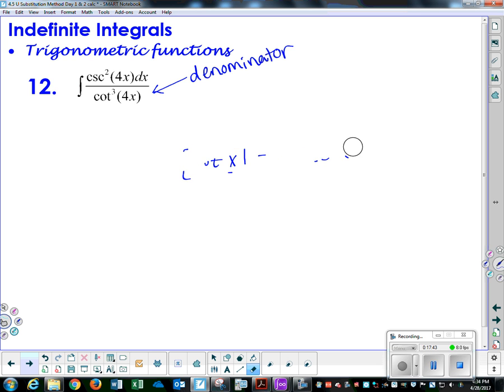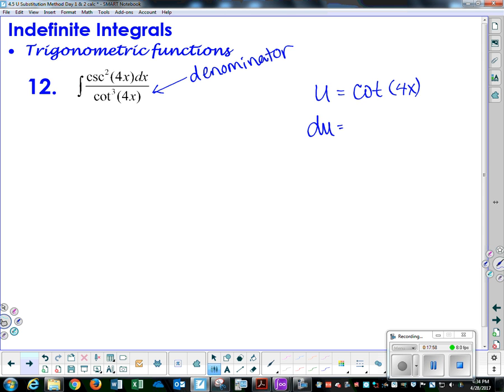Let's proceed with letting u equal the denominator. U is equal to a cotangent of, I've got to have that 4x. I can't simply replace that with something else. So I'm going to go cotan 4x, take the derivative of each side with respect to x. Derivative of cotan is a negative cosecant squared of the inside 4x.